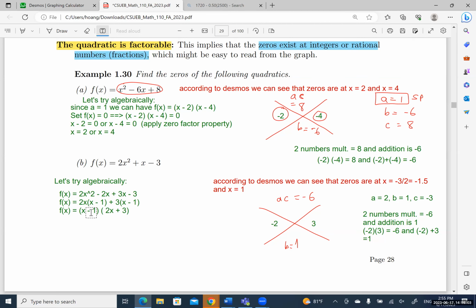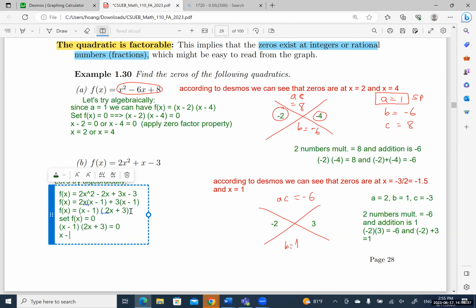Okay, so then you will have the factored form of all these, and now you can set x times (x minus 1) times (2x plus 3) equals 0.